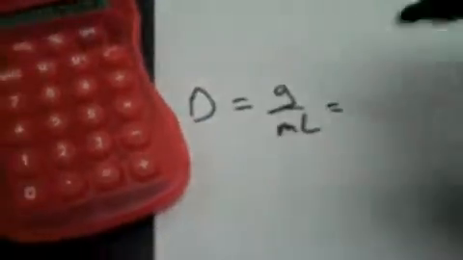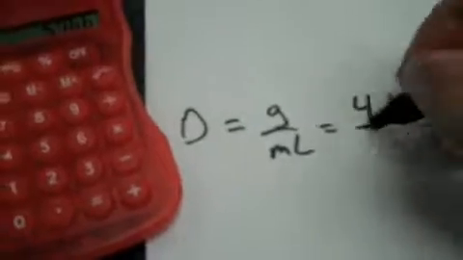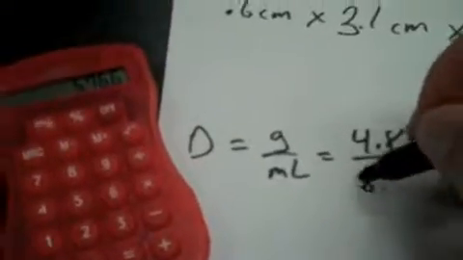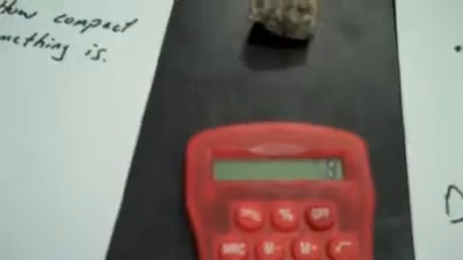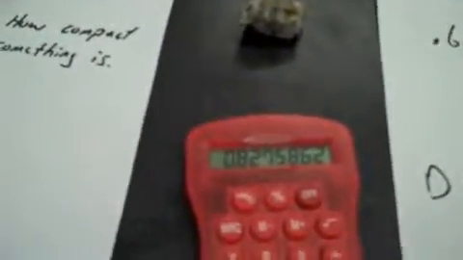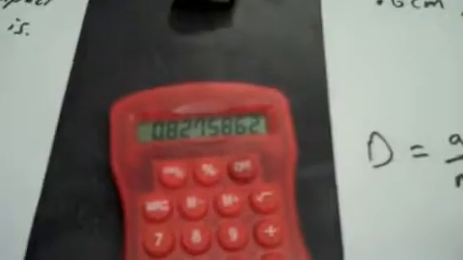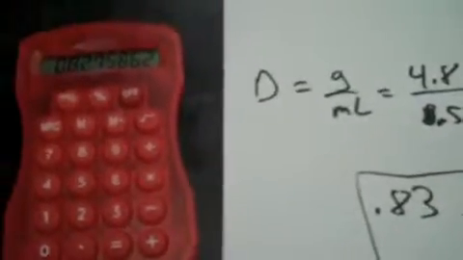Now I know that density equals grams divided by milliliters, so that equals 4.8 grams divided by 5.8 milliliters. Put that in my calculator. 4.8 divided by 5.8 equals 0.83. So 0.83 grams per milliliter. That is my density of the blue object.